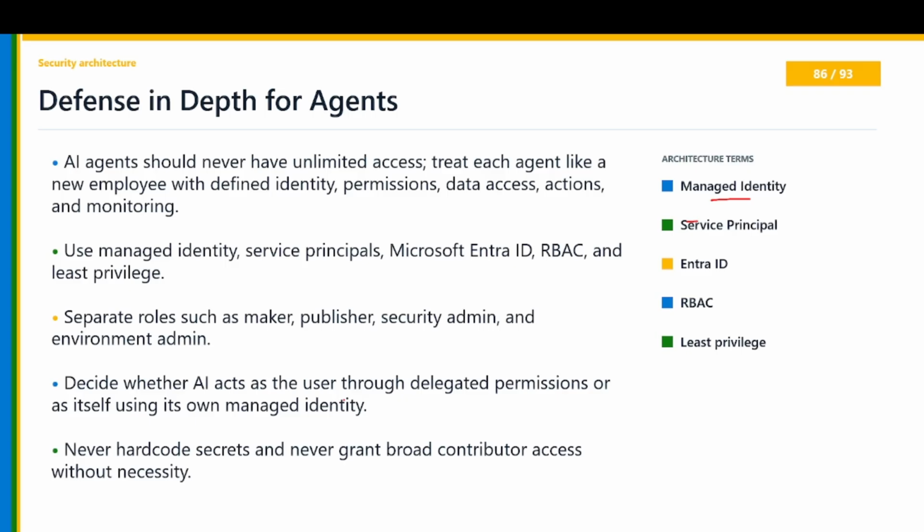Because AI should be monitored. If you give access that you are not supposed to give and AI has access to user information, it can act as the user to access information it should not access. So always check whether AI is acting as the user through delegated permission or acting as its own self with its own identity through the managed identity that you have given to it.